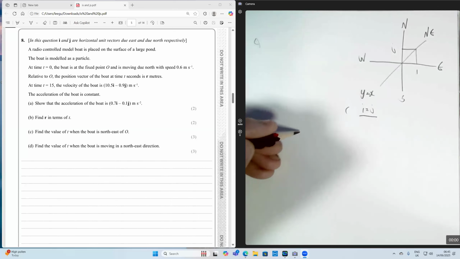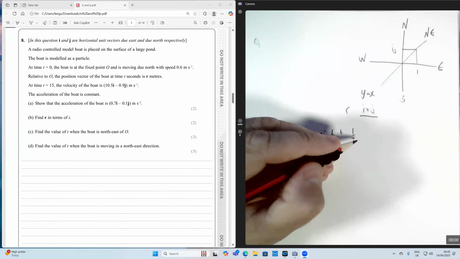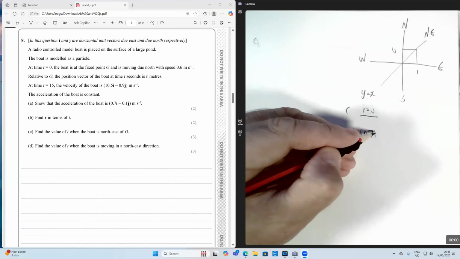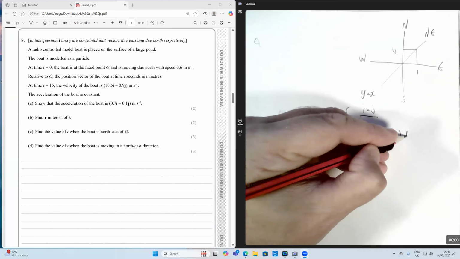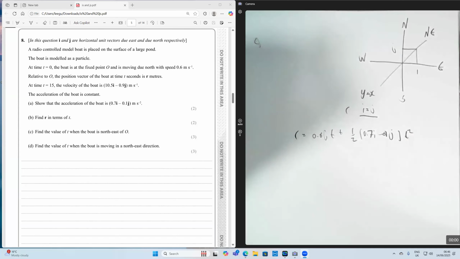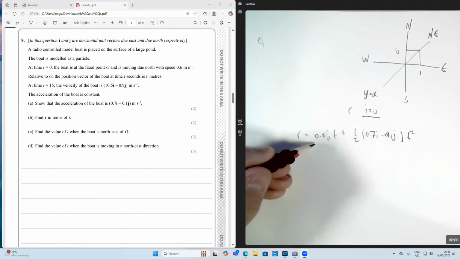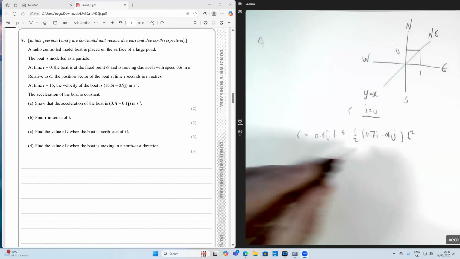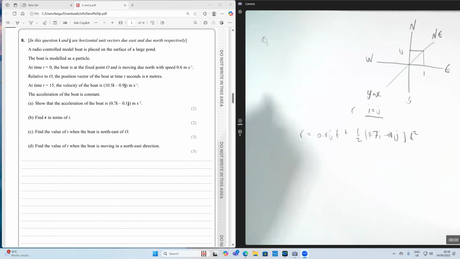So let's restate our equation that we had a moment ago. We had that r was equal to 0.6j t plus a half times 0.7i minus 0.1j t squared. And what we're saying now is that if the boat is physically going to be northeast, we can equate the i and j components here. On the left-hand side, we've got 0i, so we've only got this i coming from here because there's no i component coming from that initial velocity.